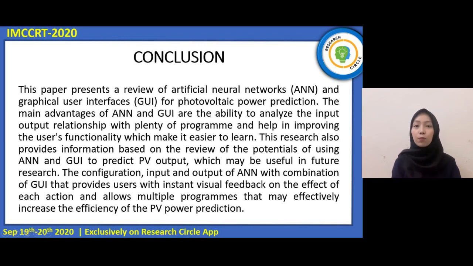This research also provides information based on the review of the potential of using ANN and GUI to predict PV output, which may be useful in future research. The configuration, input and output of ANN in combination with GUI provide users with instant visual feedback on the effect of each action and allow multiple programs that may effectively increase the efficiency of PV power prediction.